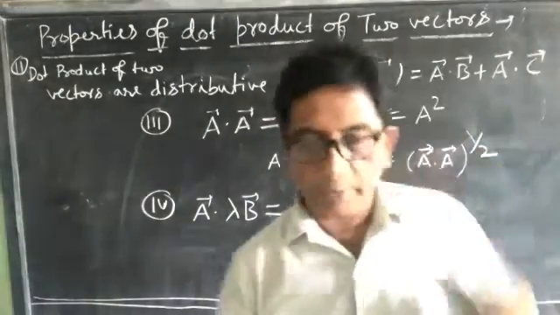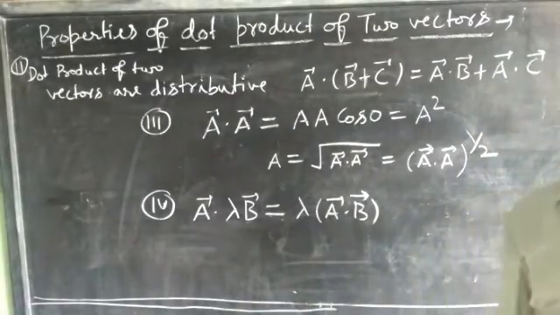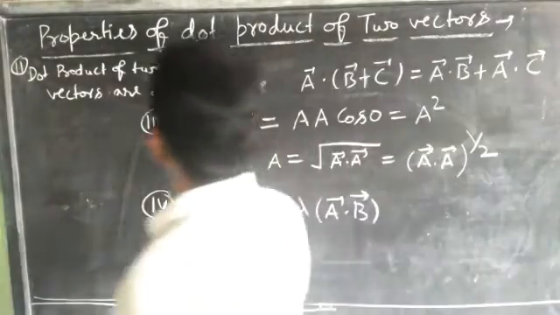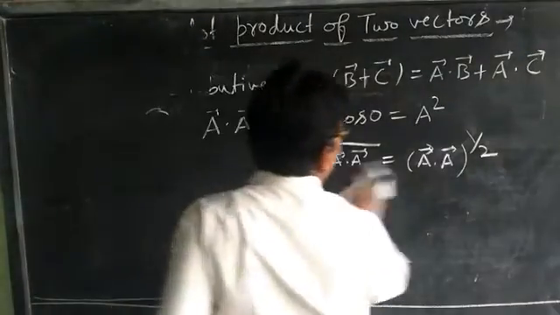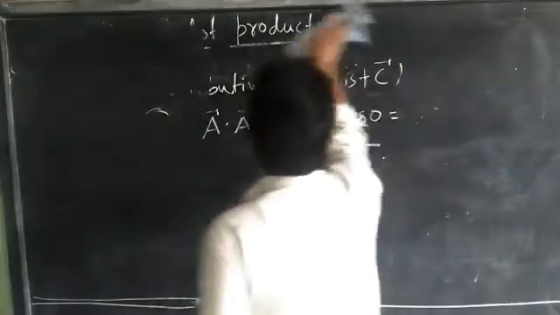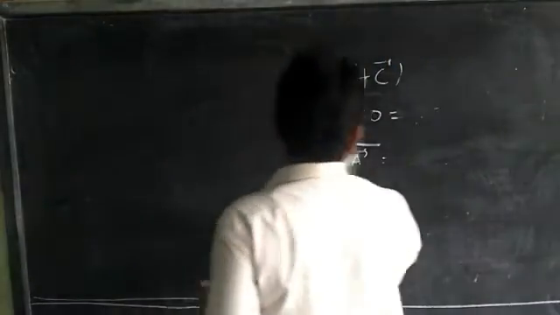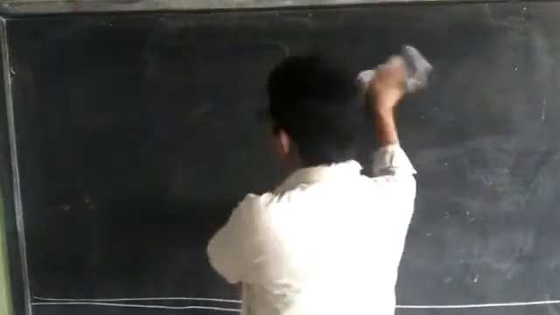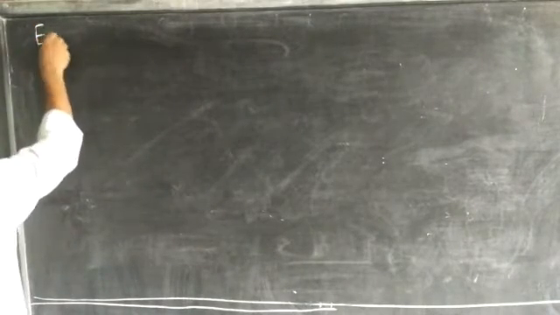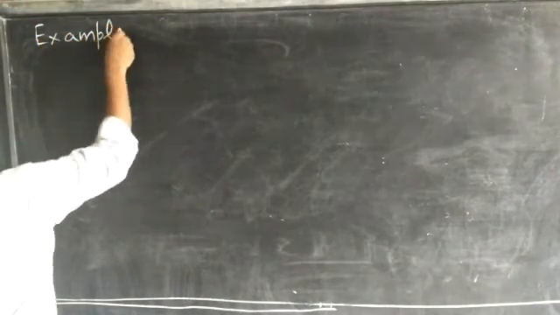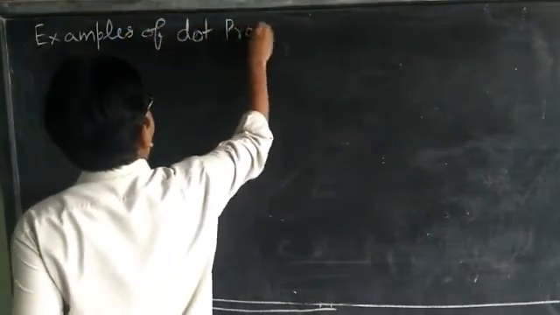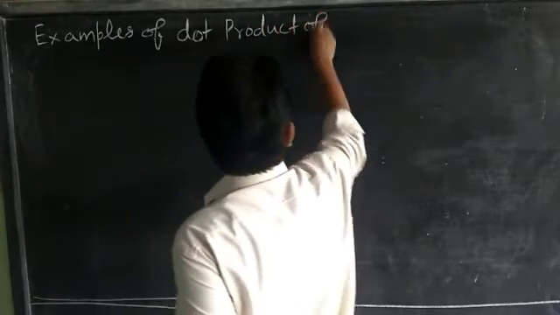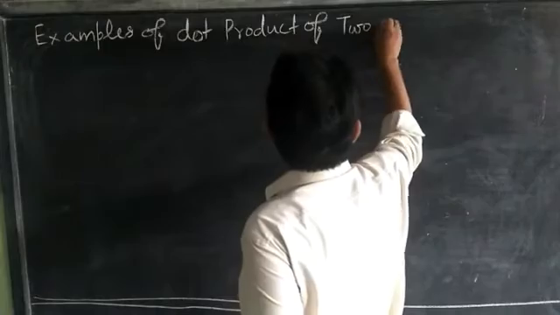Now we will give examples of the dot product of two vectors.